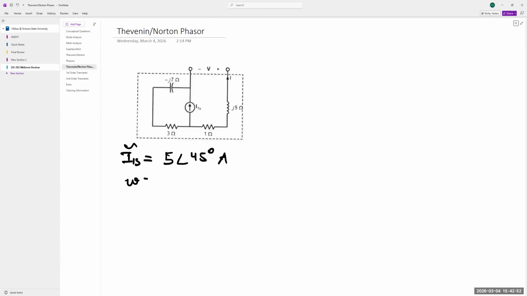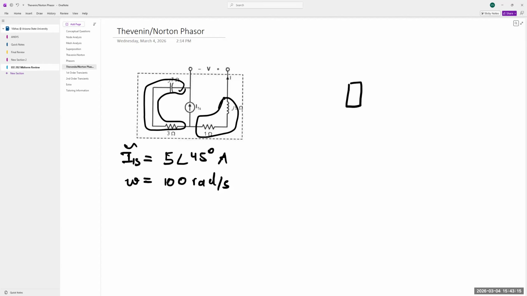And this circuit is operating at a frequency of 100 radians per second. All right, let's try to simplify this circuit, okay? So over here you have these two in series, and you also have this capacitor and resistance in series. So let's first combine things in series.